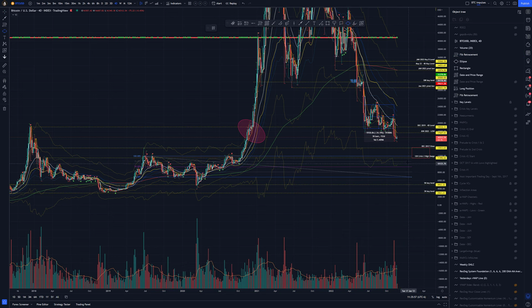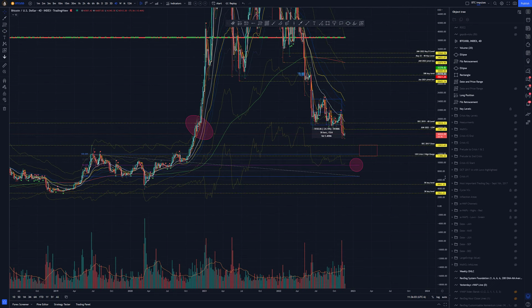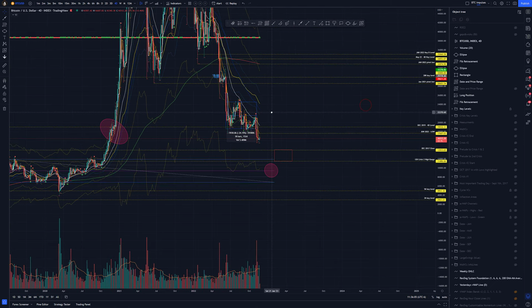So if I look at this and what the chart is saying, I would expect within the next couple weeks, if it does go down and want to tag a level, it's probably going to tag this level down here, somewhere between 9,600 and 8,800.